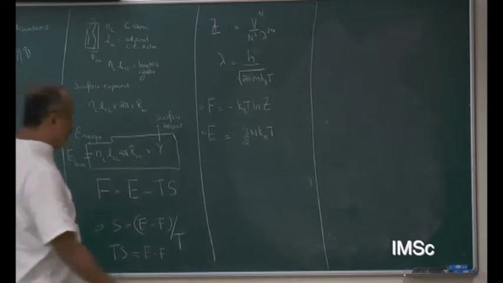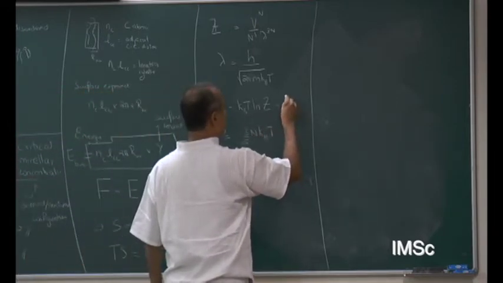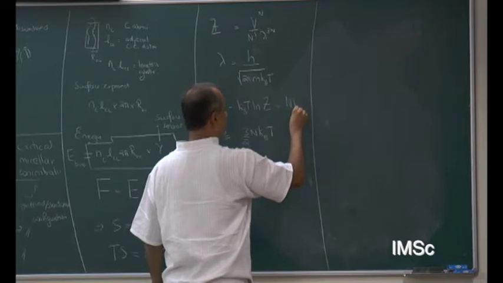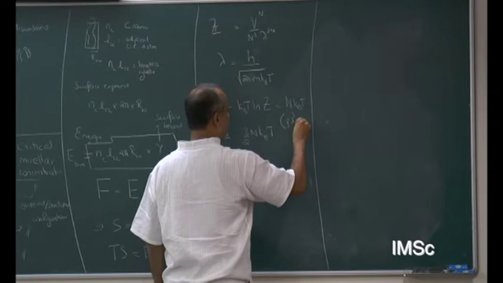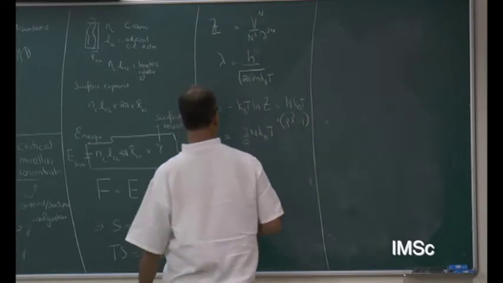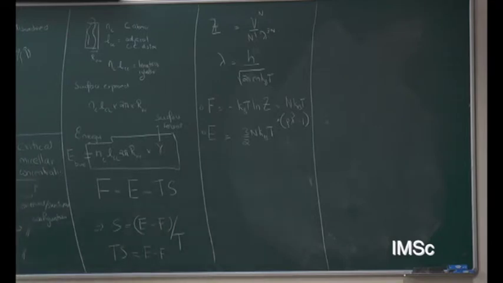So from here, my F is just N kB T times log of rho lambda cubed minus 1. That's how to calculate it. Then we had to add this particular term to it as well.